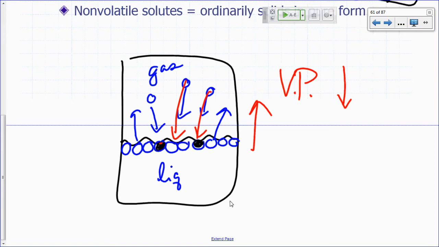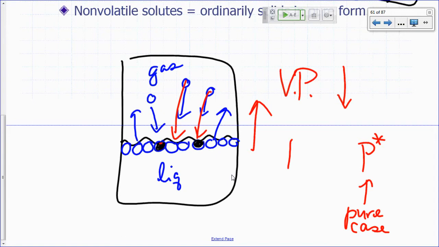So in fact, what's going to be the vapor pressure? If P star is the vapor pressure before you contaminated it, the vapor pressure of the pure case, then how much of it is blocked in this particular example? 20% is blocked, 2 out of 10.